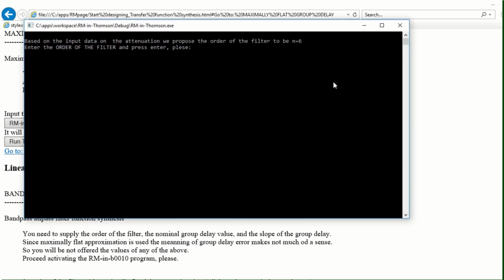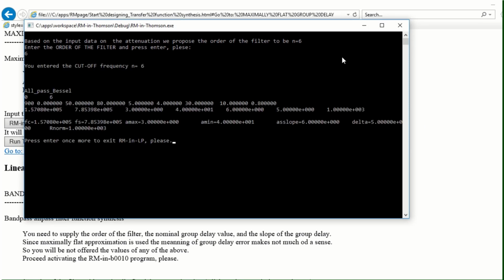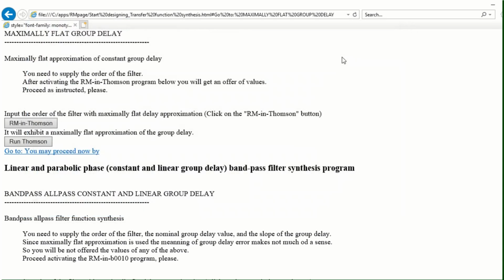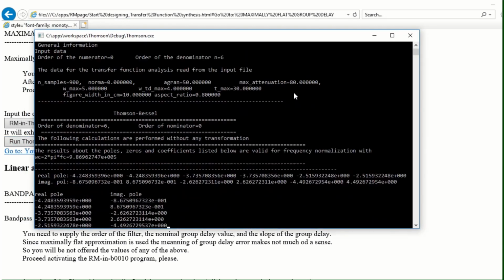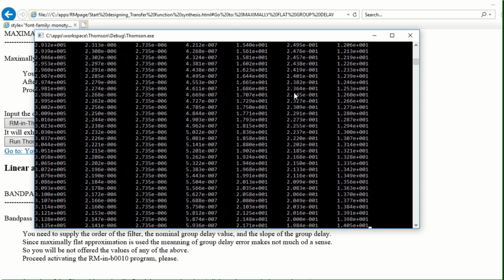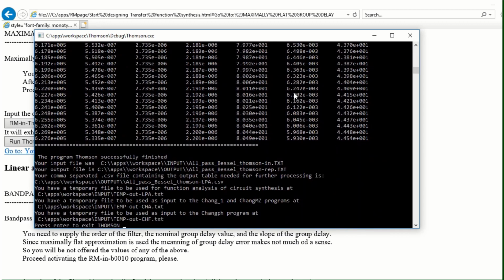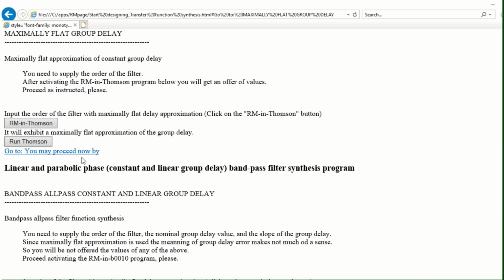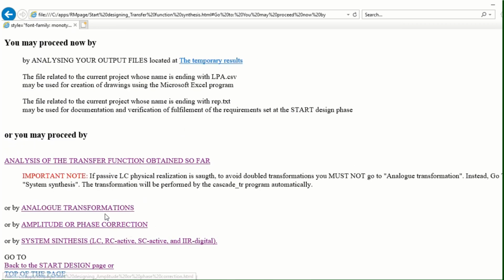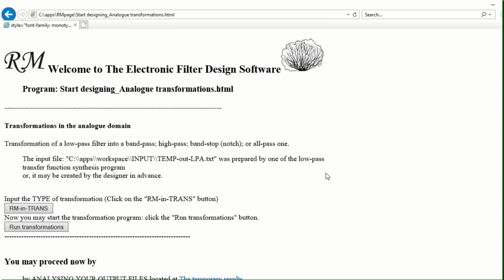And the program claims that sixth order filter will be satisfactory. We will accept that. And we are ready to produce the low pass prototype.